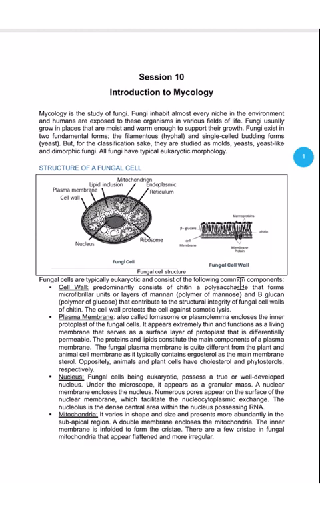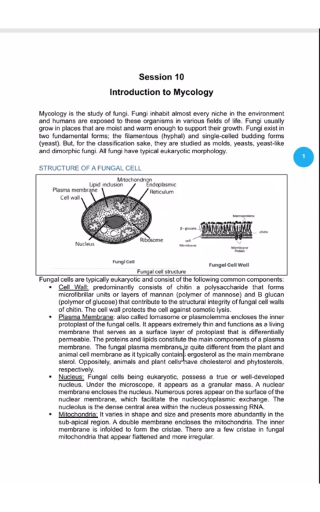So this prevents osmotic lysis, where water can enter from the environment into the fungal cell and cause its lysis. So this is one of the important functions of a cell wall.